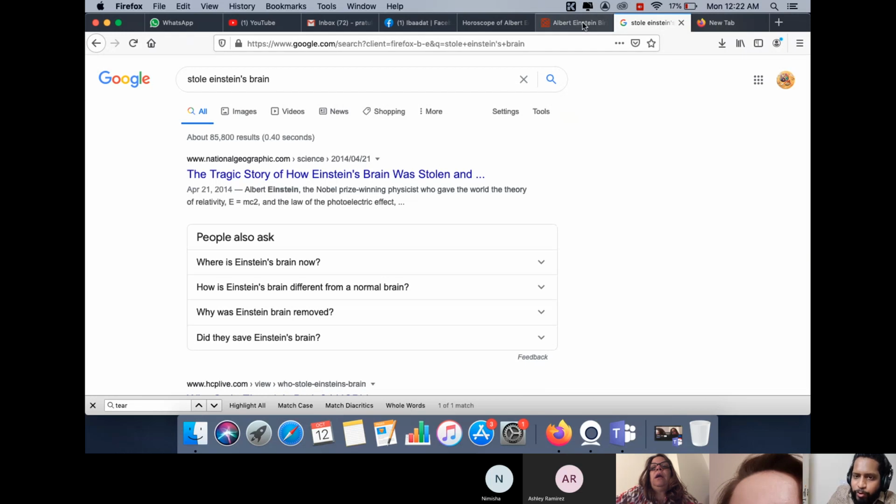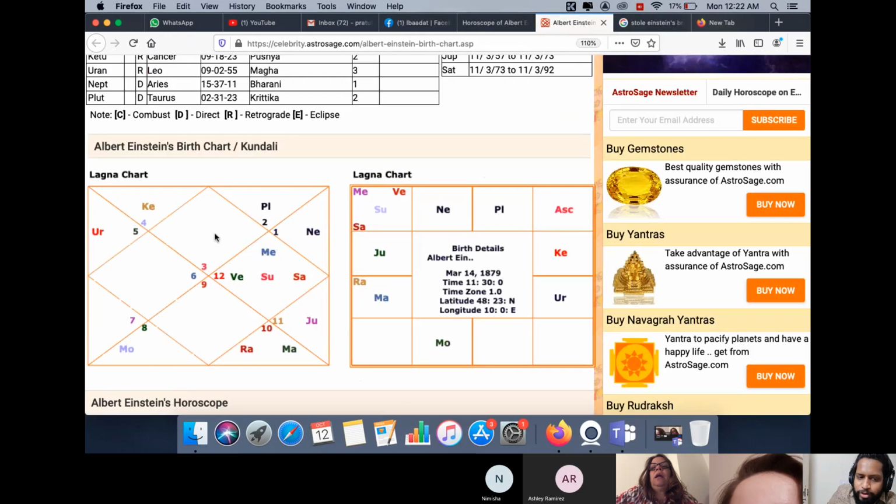And if you see, the ruler of Ardra is Rahu. Rahu is sitting in the 8th house. Mars represents weapons and the tools with which you do surgeries, and the 8th house represents surgery.